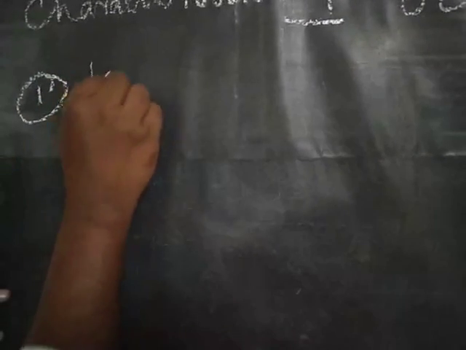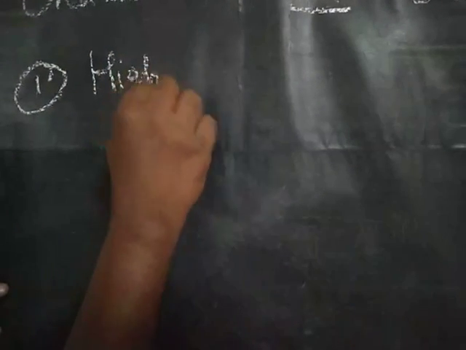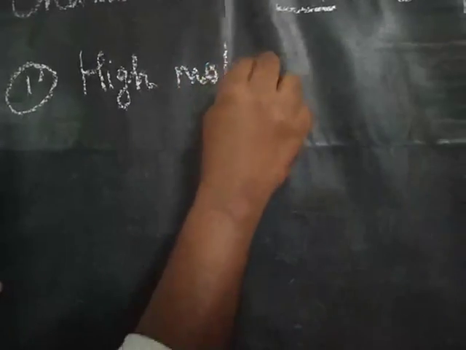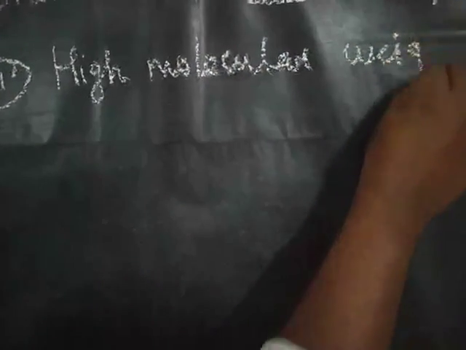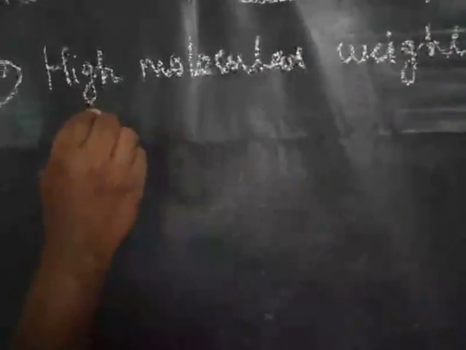Characteristics of organic compounds. First point: organic compounds have a high molecular weight and a complex structure.